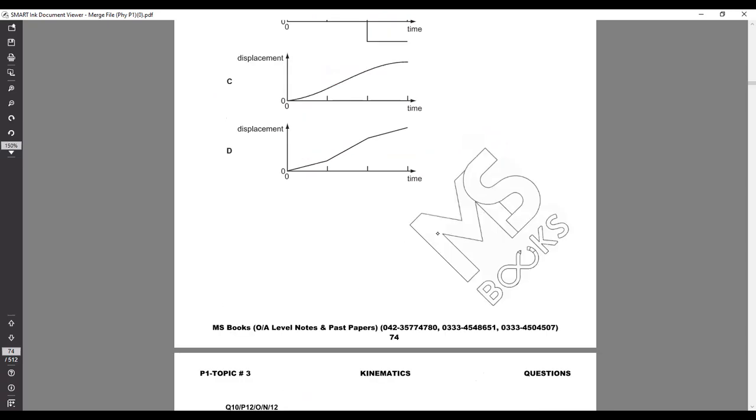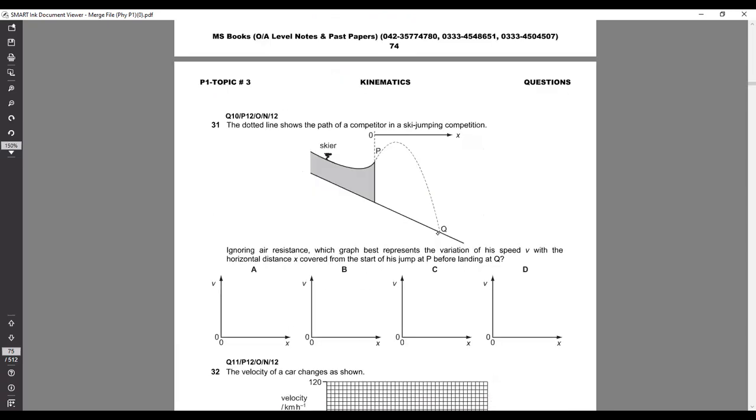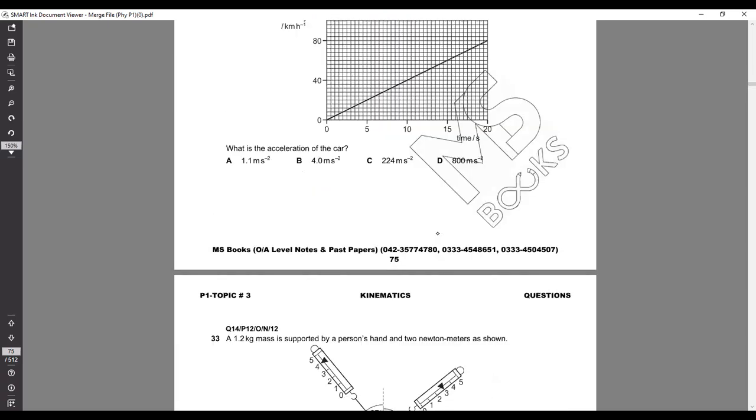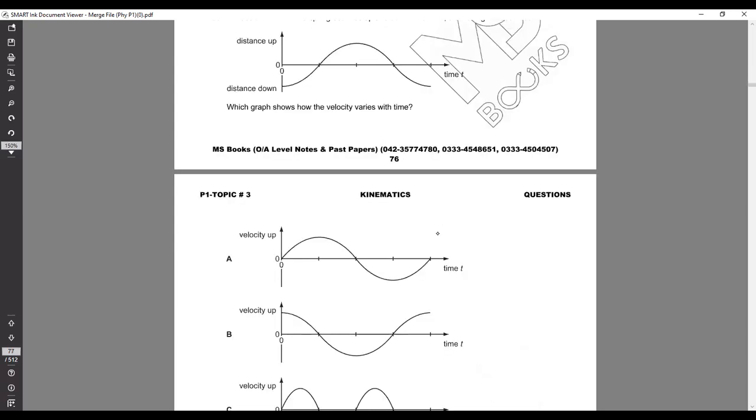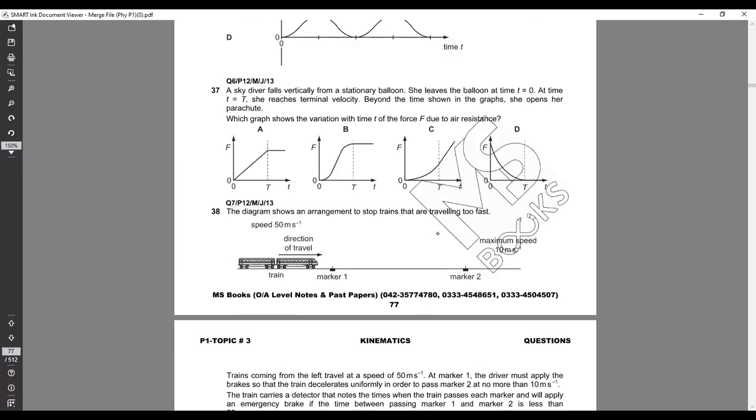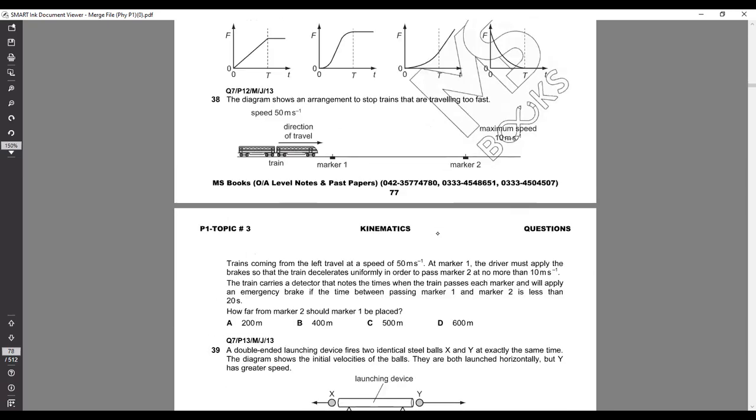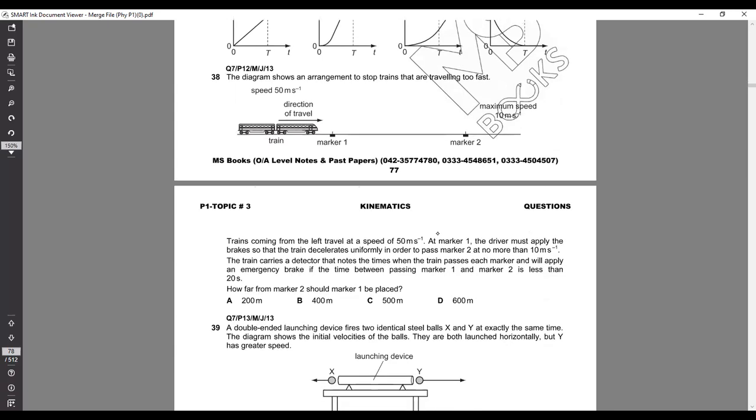Okay, so not to do this one, I will just mention. Work out question 38.